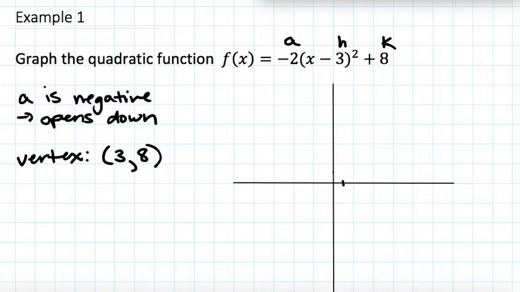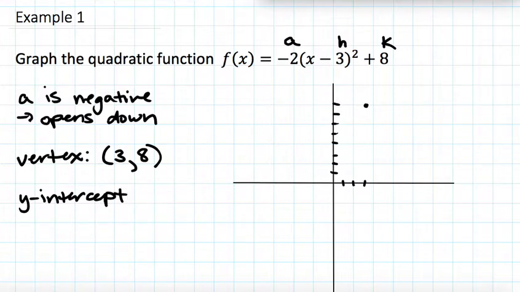So 3, 8 is going to be my vertex. So that's going to be right here. And then I know it's going to open downwards, so the parabola is going to be below that point. That's going to be the highest point on the parabola. Lastly, I'm going to get the y-intercept.